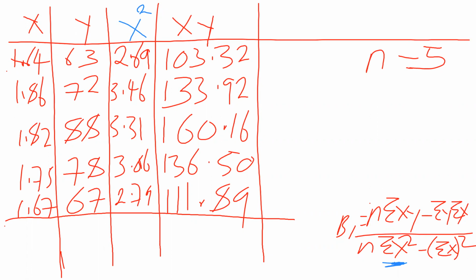When you add 1.64 plus 1.86 plus 1.82 plus 1.75 plus 1.67, I think I missed the point on one of the values. 8.78. 8.7.